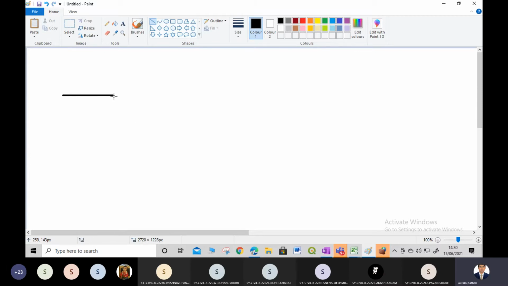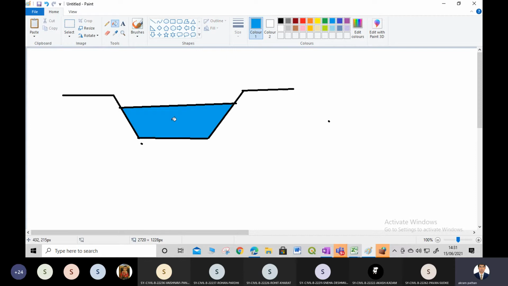Then like this you have to draw the trapezoidal channel section, and then we have a depth of the flow like this that you have to draw, and then you have to fill it with water. So for filling the water you have to use this bucket for filling the fluid inside this.